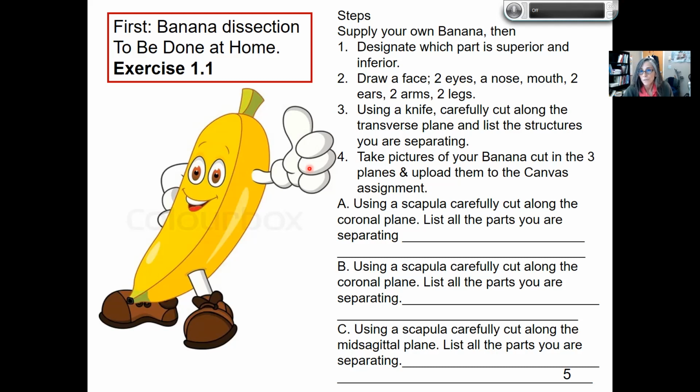So of course, you're going to have to designate which end is going to be the top, which is going to be the bottom, and where the face is going to be, etc. And then I want you to take a clean knife and cut it along a transverse plane, cut it along a mid-sagittal plane, and cut it along a frontal coronal plane. So that's 3 pictures.